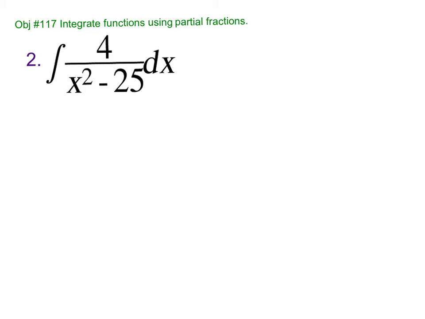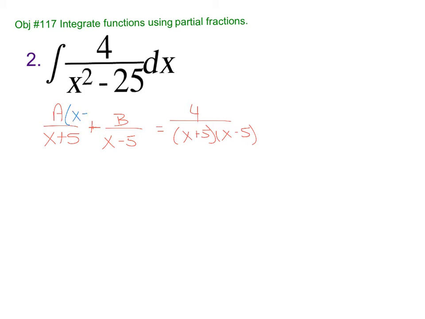So again, we have our x plus 5, so a over x plus 5, and then b over x minus 5. And I want that to equal 4 over x plus 5, x minus 5. So the left function, the a, has to be multiplied by x minus 5. And b is being multiplied by x plus 5.